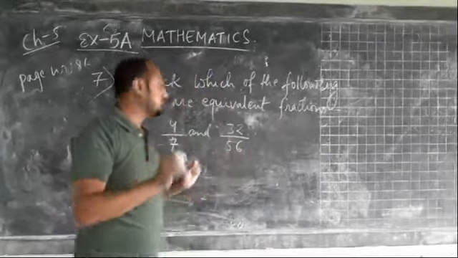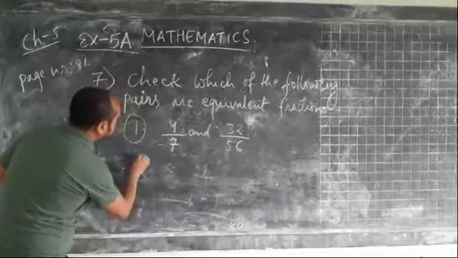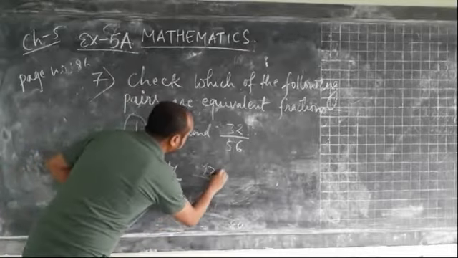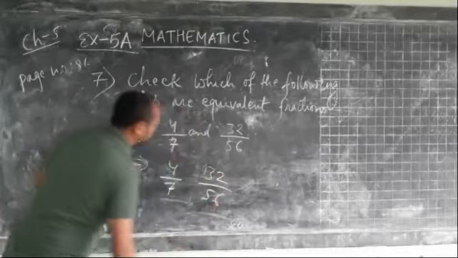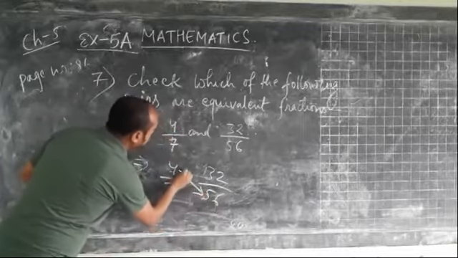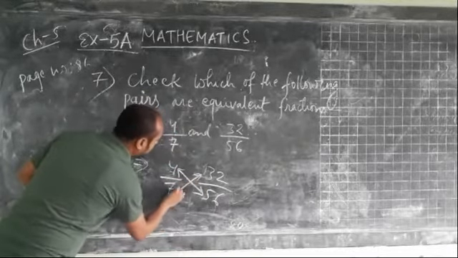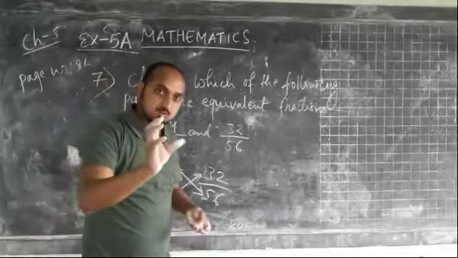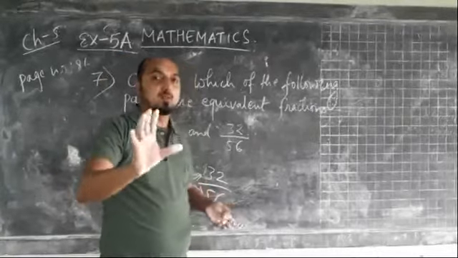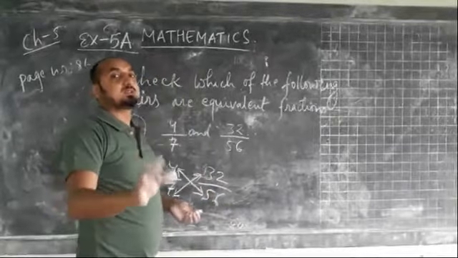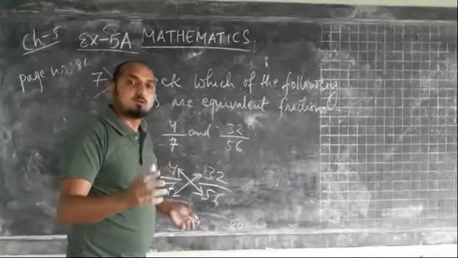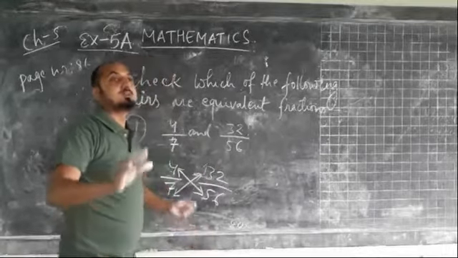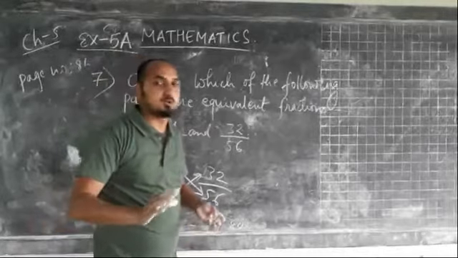We cross multiply these numbers, and if the products are the same, then the given pair are equivalent fractions. If they are not the same, the pair are not equivalent fractions.